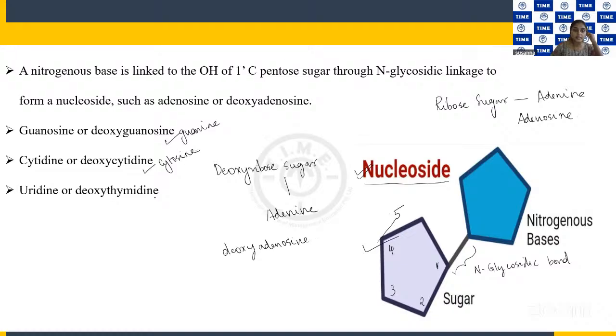And you can call them either uridine or deoxythymidine. Uridine you can find in RNA, and deoxythymidine you can see in DNA. Is it clear?